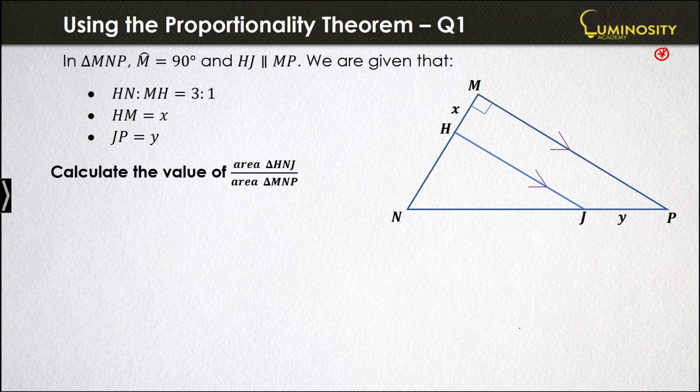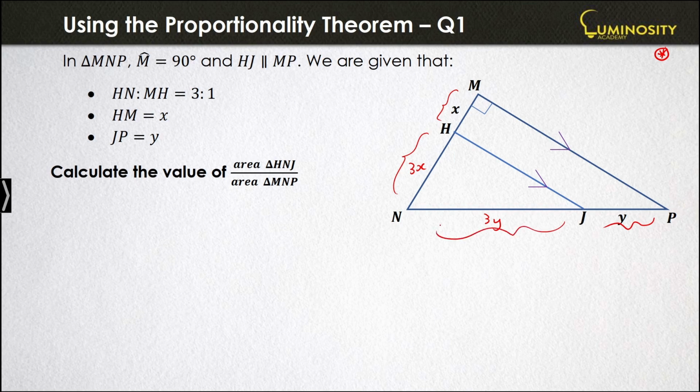Alright, next we want to calculate the value of the ratio of the area of triangle HNJ to the area of triangle MNP. So let's put some information down. We worked out this is 3x. So by the proportionality theorem, this should be 3y, because x over 3x should be the same as y over 3y, since they both simplify down to 1/3.